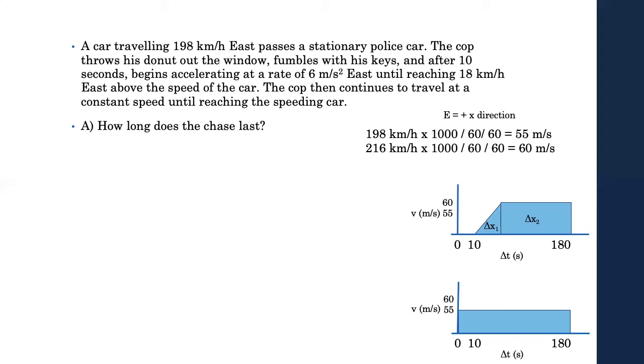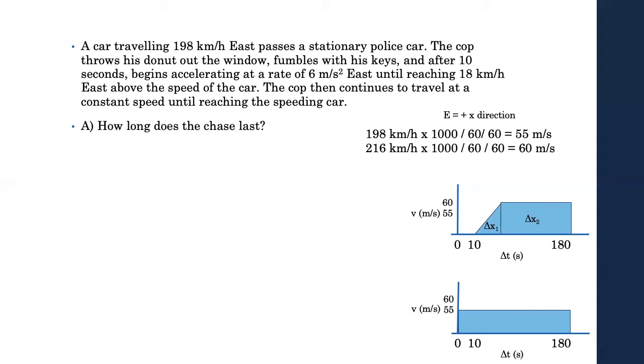Distance, exactly. So the area of this rectangle is the distance traveled by the car. And so the car, we said, was going 55 meters per second the whole journey. It never stopped, it never changed, it never slowed down. The cop, on the other hand, had a 10-second delay. Then it began accelerating to 60 meters per second, and it maintained that until it caught the car.